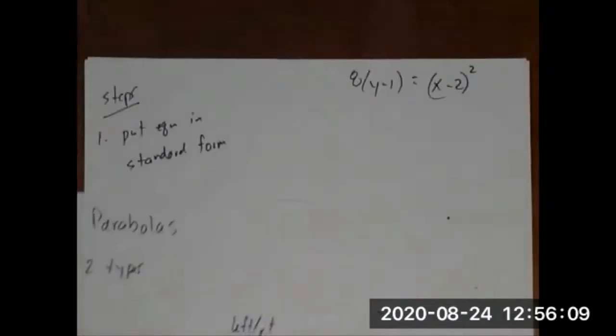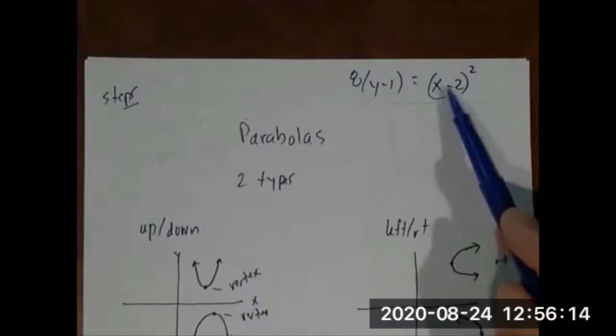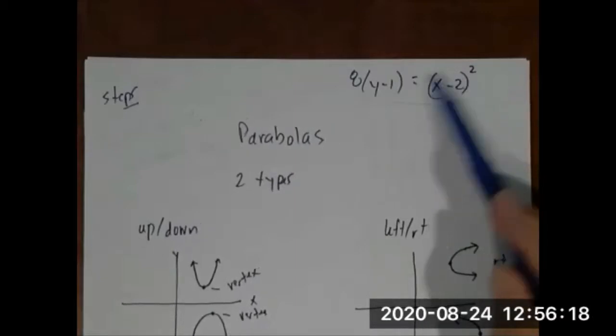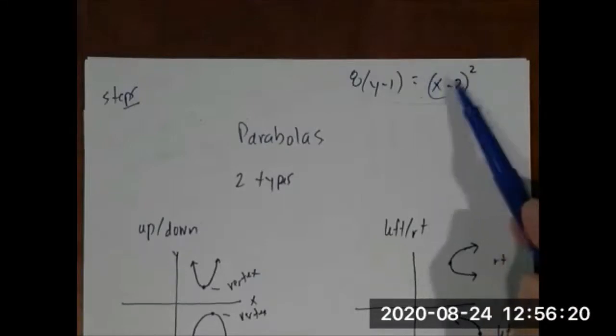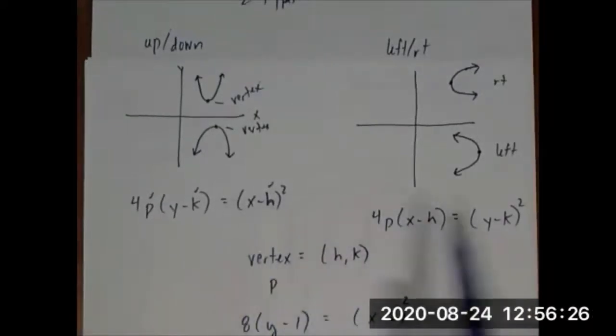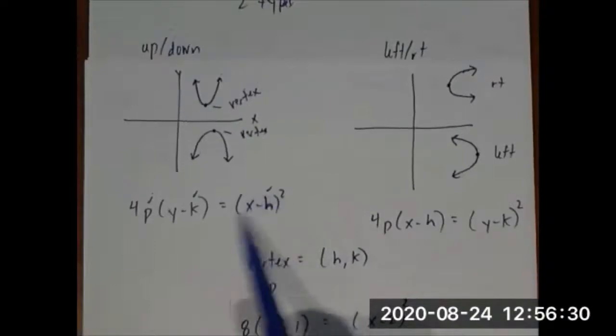Now I can look and right away determine what kind of parabola I have. Because look, here, the parenthesis with the x is squared. So when I look at my two standard equations, I'm going to find the equation where the x parenthesis is a squared one.